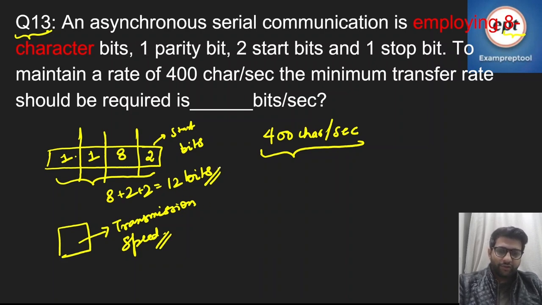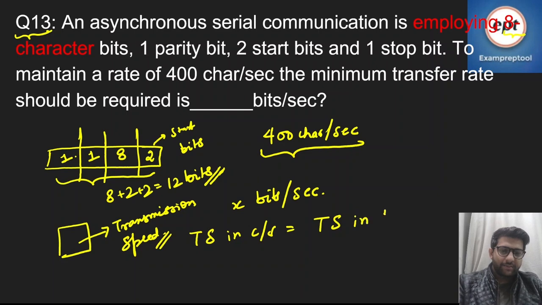So how can we solve this question? Let's say we have a transmission speed of x bits per second. Now we know that the transmission speed in characters per second is calculated as the transmission speed in bits per second divided by the number of bits per character.